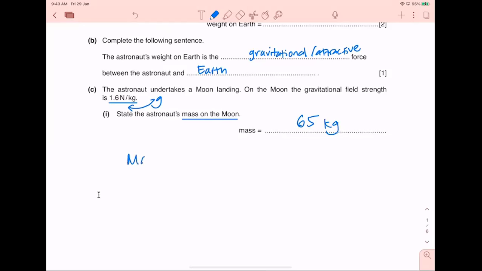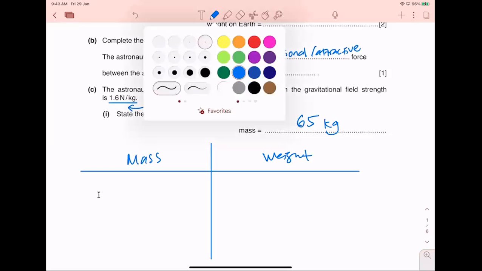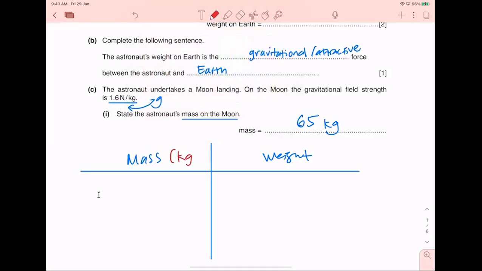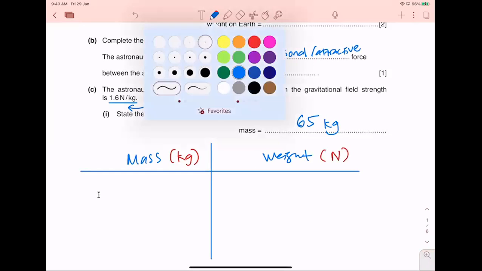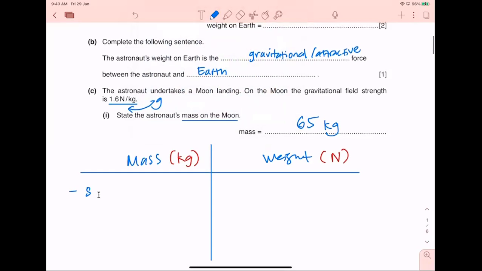Please remember this, we have mass and weight. The differences between these two: first of all, the unit is different. Mass we measure in kilogram, weight we measure in Newton. Mass is the quantity of matter in an object.